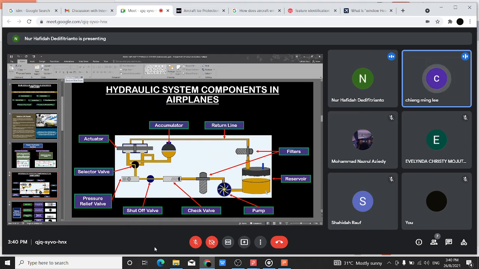So now explain why the filter is after the pump. Same concept, right? Oh, so after the pump, maybe they can get impurities from the pump also.